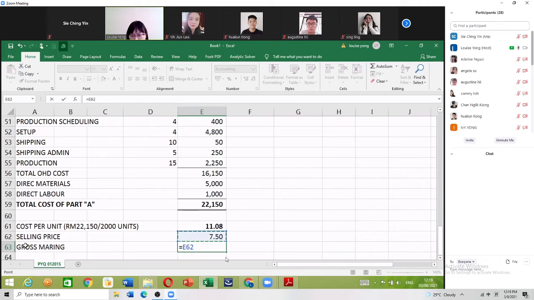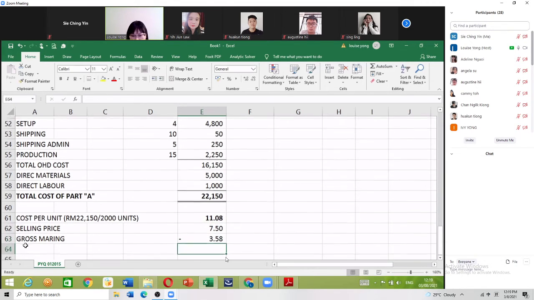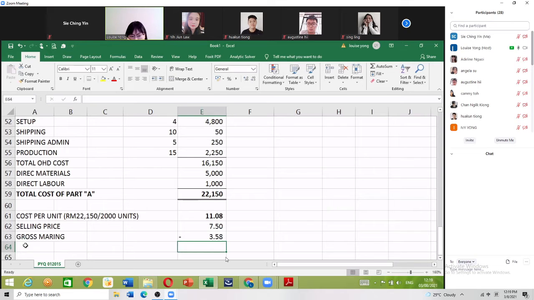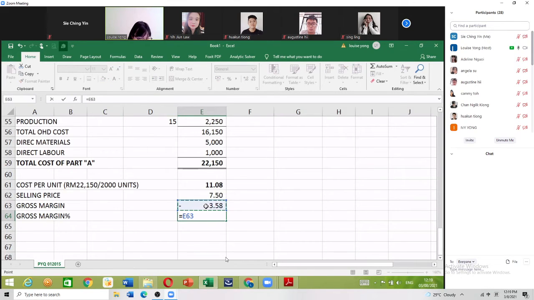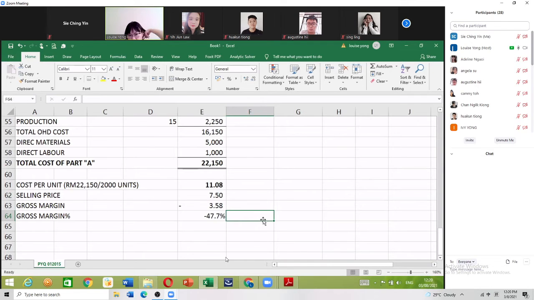Selling price less your cost. So it's a negative, do you see? Negative gross margin, I spelled it wrong. So it is negative, but they want the gross margin in percentage, right? How do we get the percentage? $3.58 divided by $7.50. Then how many percent? It's a negative, negative 47.7%. Okay?